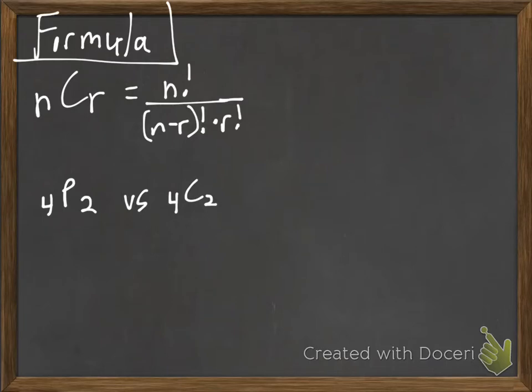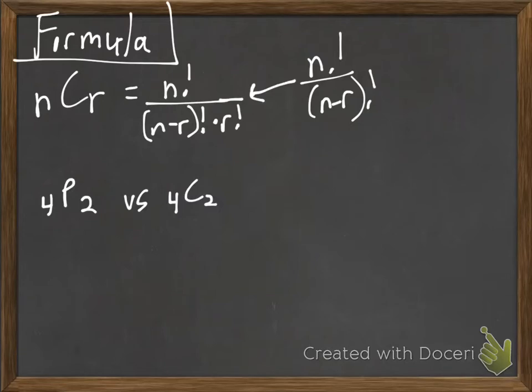So the formula here is nCr, with the C obviously meaning combination, just like with permutation it was a P. And the formula is a little different. So if you recall, our permutation formula looked like this.